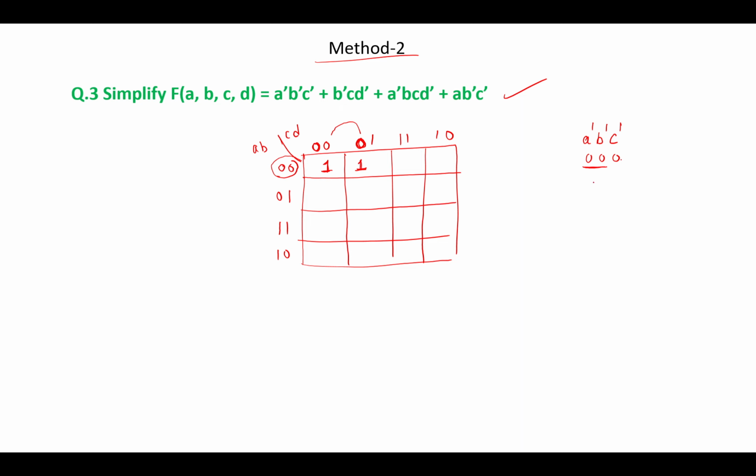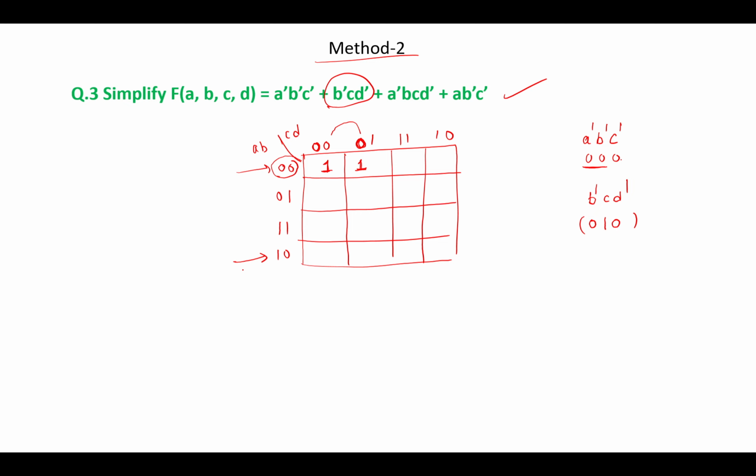Okay, now we come to the second term. What is the second term? B bar C D bar. Okay, so this time your B value is 0 and this value is 1 0. So B is 0 here and B is 0 here.